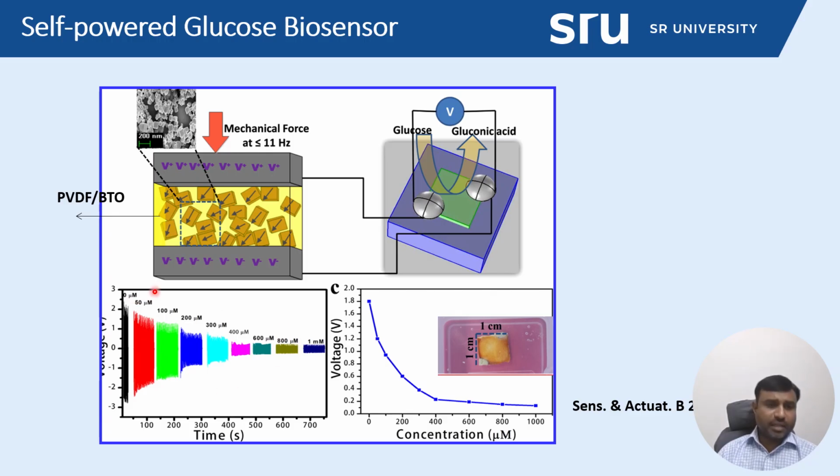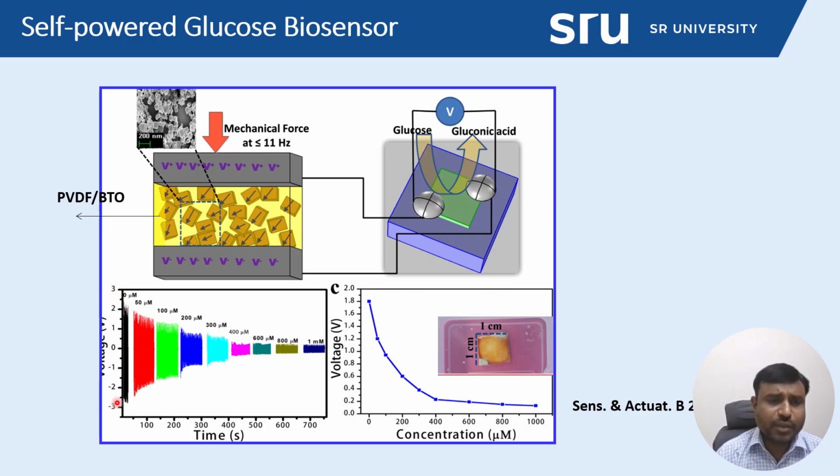See here in this graph, when adding glucose at 50 micromolar, 100, 200, 300, 400 micromolar, we are increasing the concentration of glucose. We can clearly see that when increasing the glucose concentration, the output voltage from the nano generator significantly decreases.